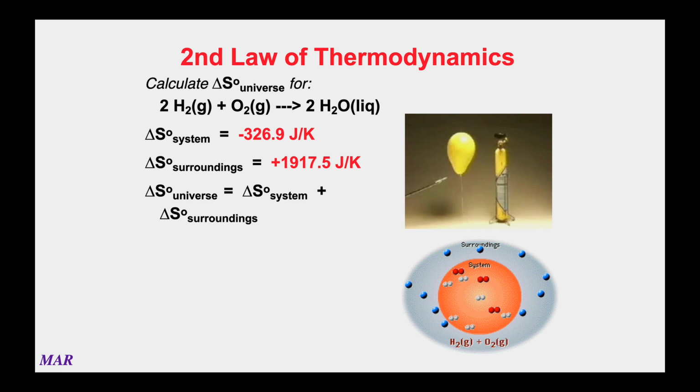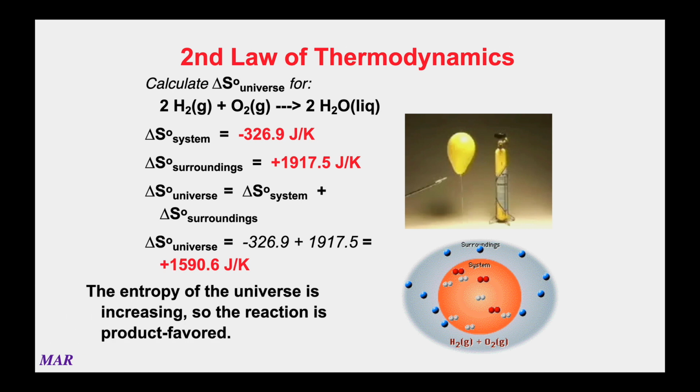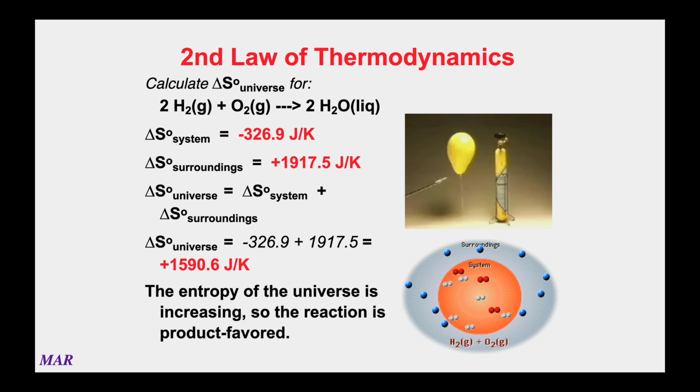But anyway, second law of thermodynamics says that delta S of the universe equals delta S of the system plus delta S of the surroundings. So if you add those two pieces together, positive 1590.6 joules per Kelvin.